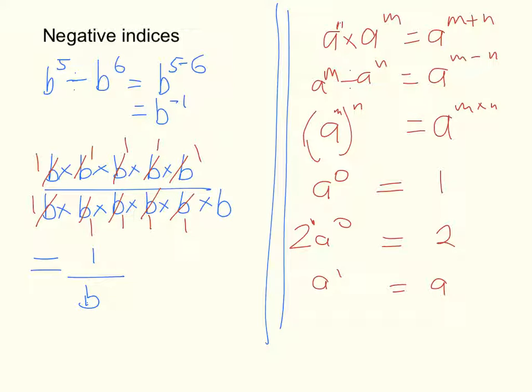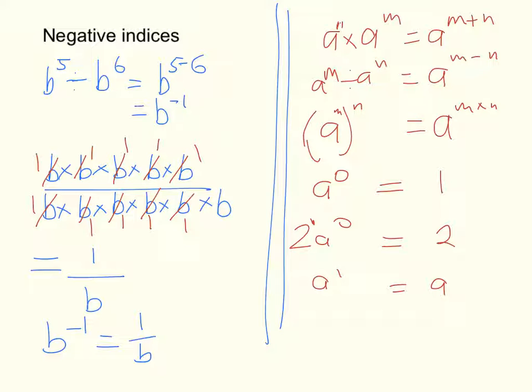So our next law ends up being that if I have anything with a negative power, I can write that as 1 over that term. Okay, so if I have a negative power, it's the same as writing 1 over that. Or another way to say it is anything to the power of minus 1 is the same as its reciprocal.